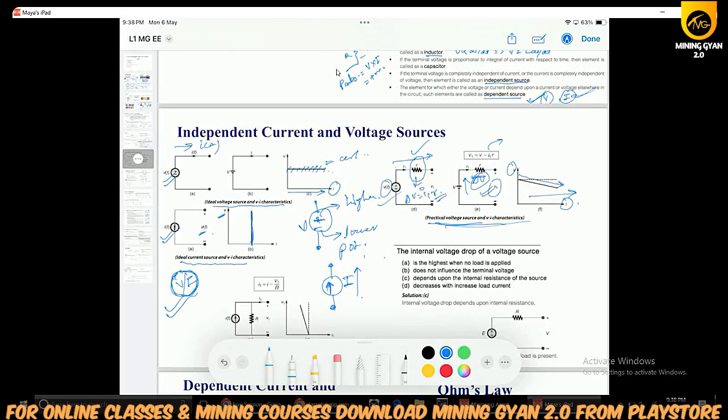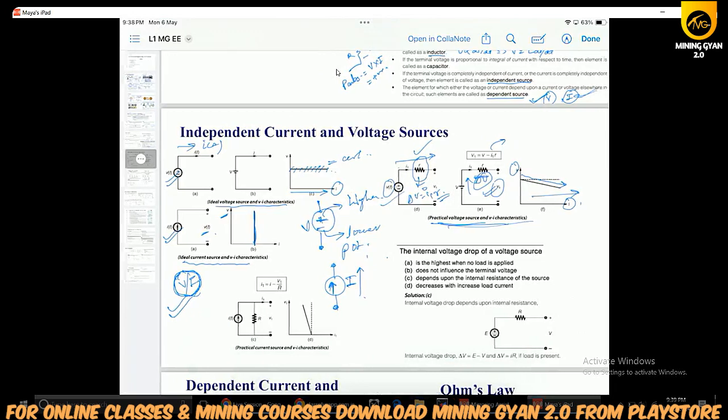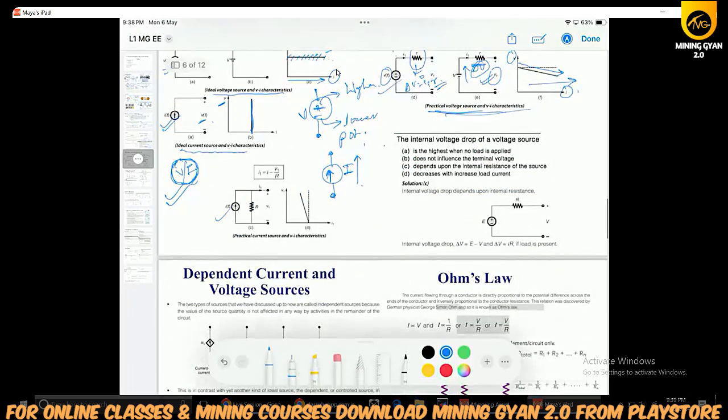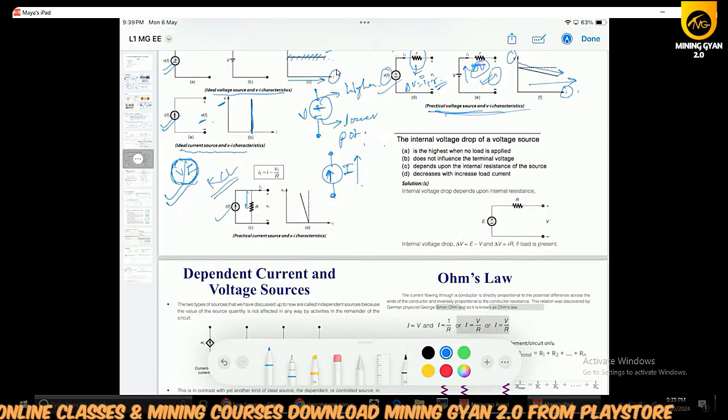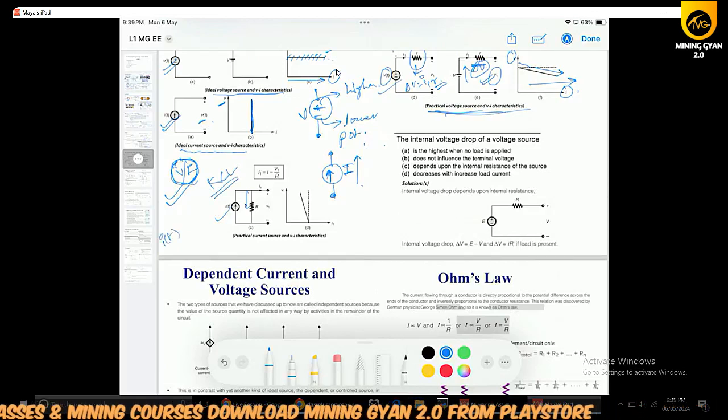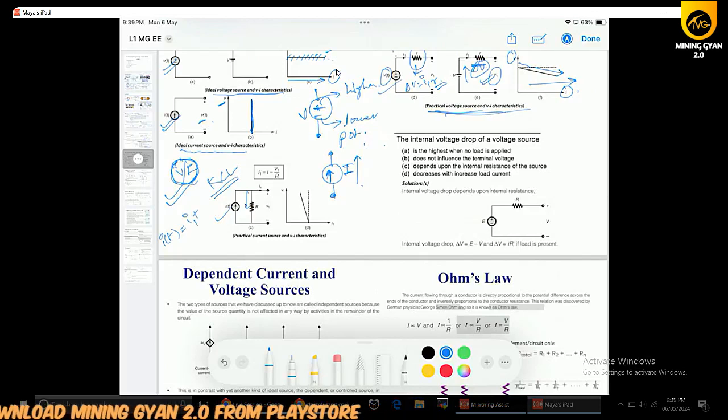But in case of a practical current source, the situation will be similar. By KCL, Kirchhoff's current law, the total current will be the sum of these two currents: I1 plus the current that is flowing through the resistance. What is the voltage across the resistance?